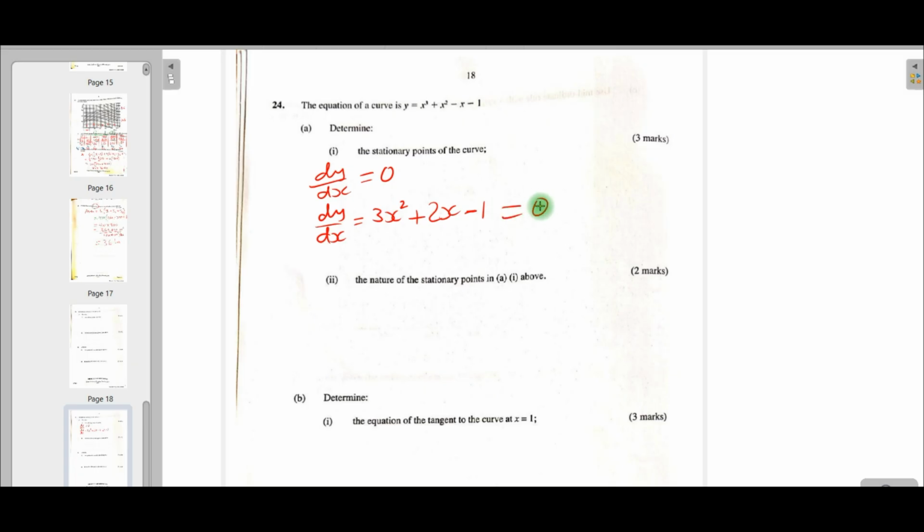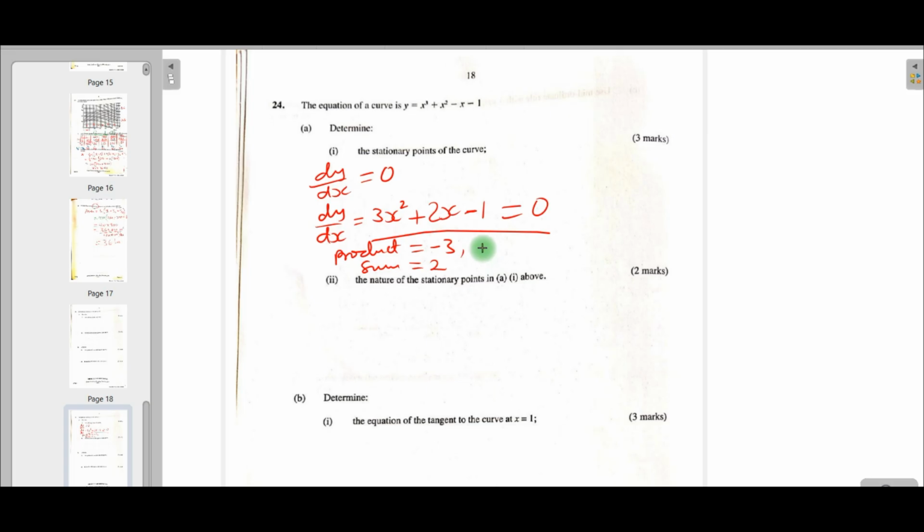Now we are going to solve for this quadratic equation. I'm going to use the factor method. So let me get the product AC, which is minus 3. Then I should get factors that when I add them, I get 2.